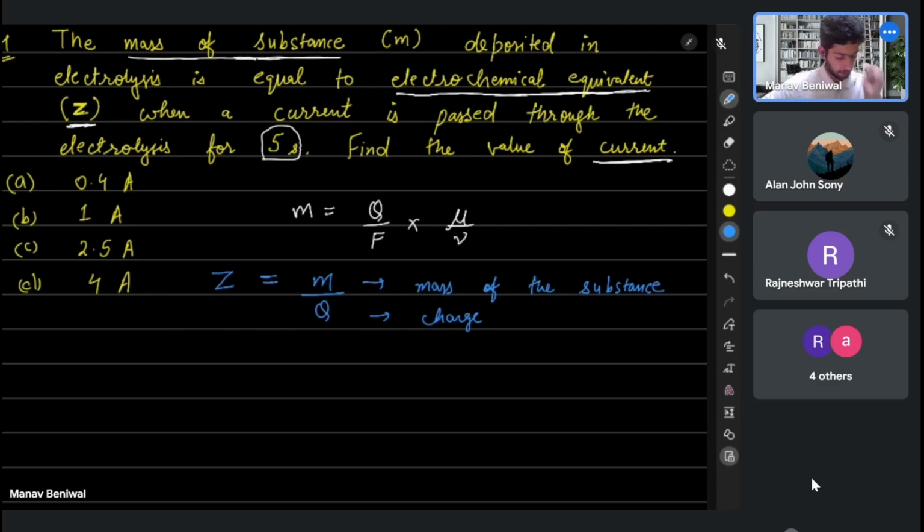Okay, so now from here we can write Q as M over Z. Also, we can write Q as current times the time for which it flows. And how much is this T? This is 5 seconds, right? So our Q becomes 5I.